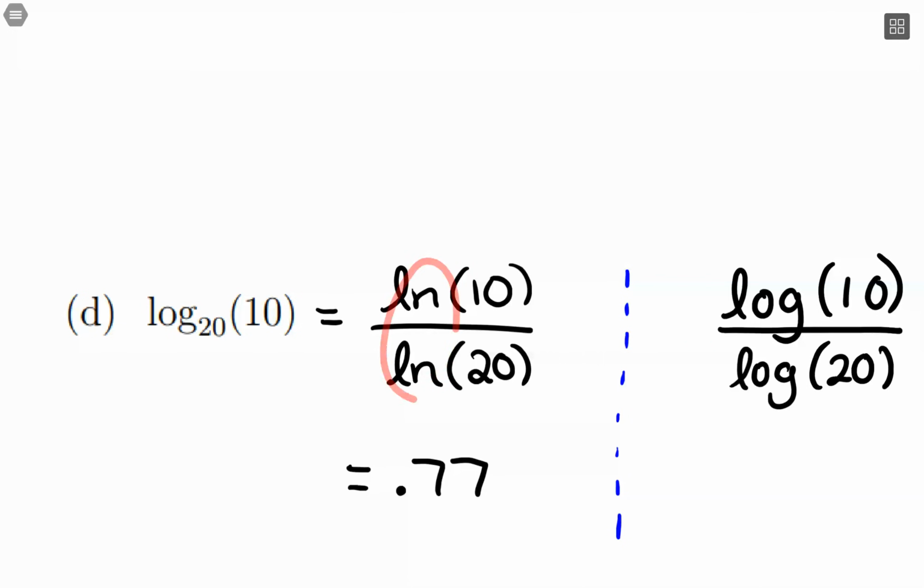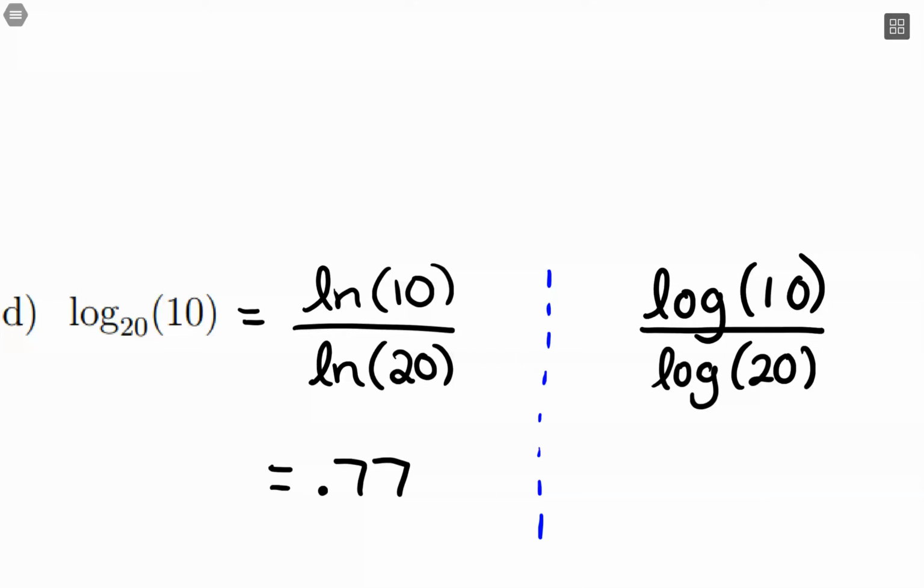It's just this is base e and this is base 10. But what we would get out is you could simplify a little bit, that this would be the same thing as 1 over log of 20. Because base 10 and base 10 there would mean 10 would need an exponent of 1 to get 10 out, so that would just simplify. And that would be the same exact thing.